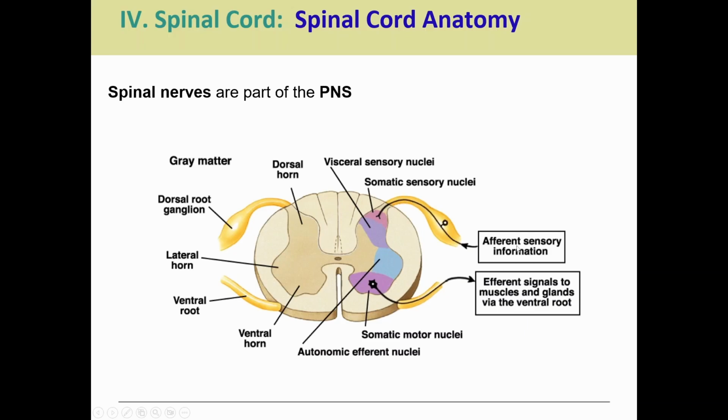Here we don't see it, but these two things would connect together into the spinal nerve. We split, and here we bring in sensory information through the dorsal root. We can then process it, send it up to the brain, whatever we need to do. And then if the motor output is coming down, we send that out through the ventral root, out the front. And then again, these two join up to form the entire spinal nerve.